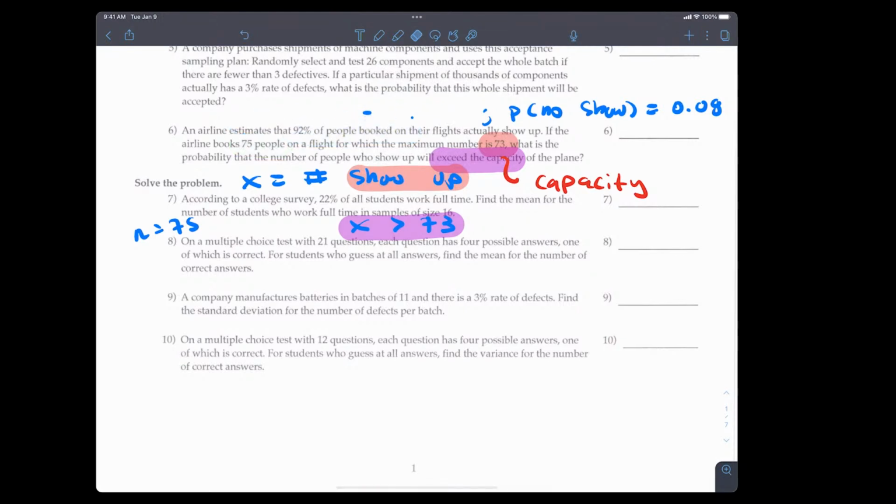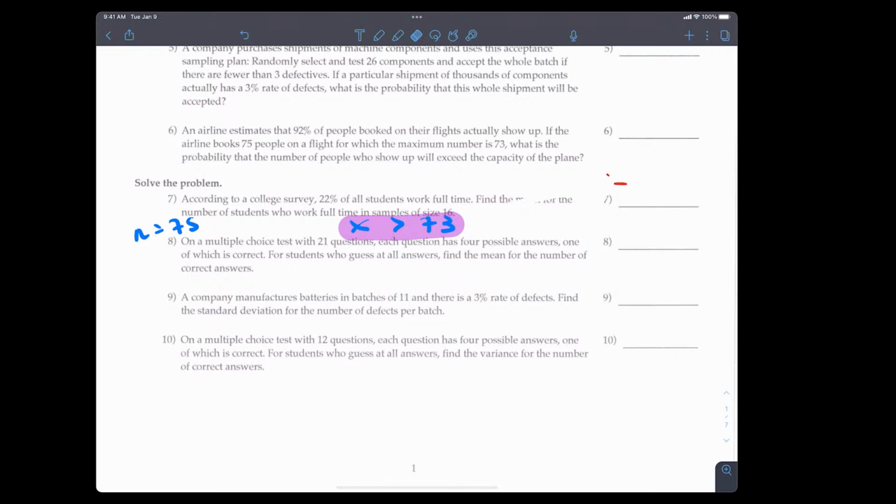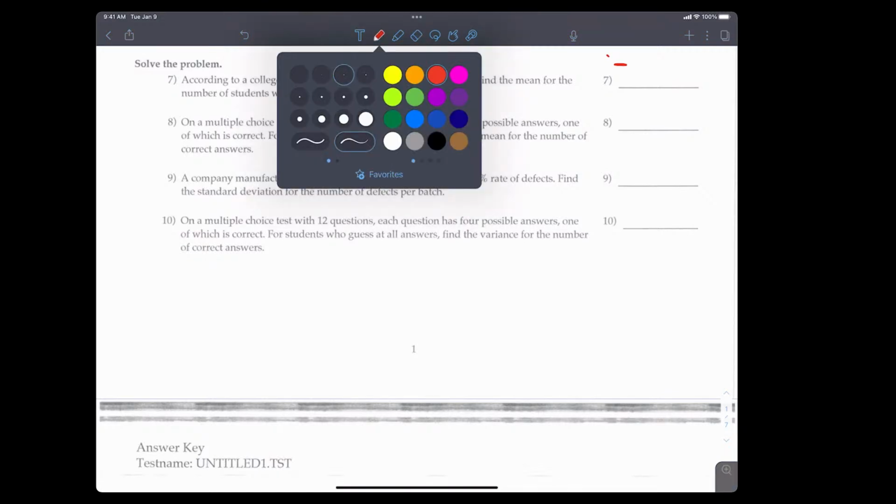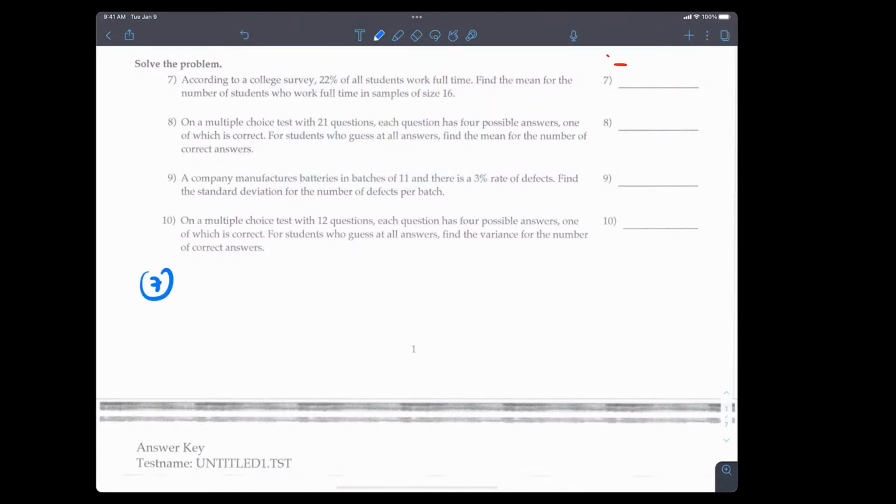So let's look at number 7, 8, 9, and 10. And when we do that, 7 here, according to a college survey, 22% of students work full-time. So notice this, number 7. Okay.